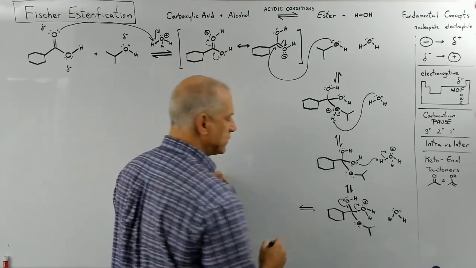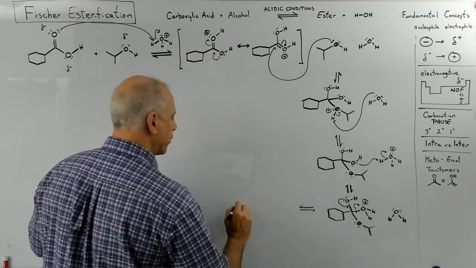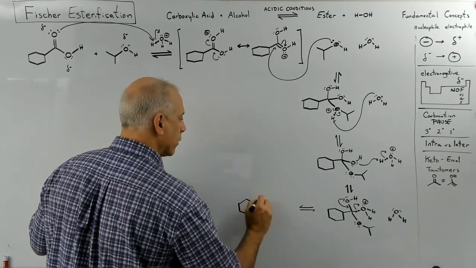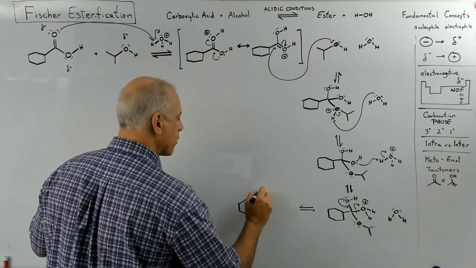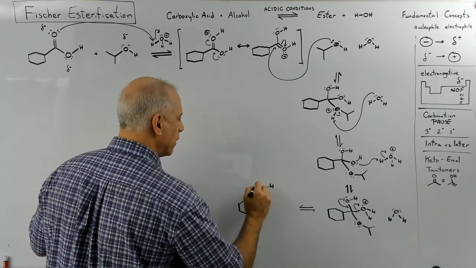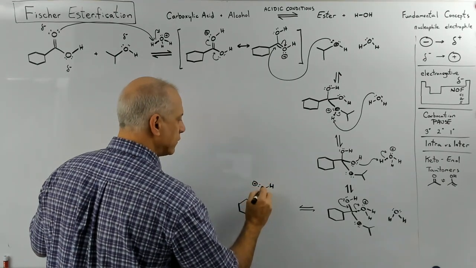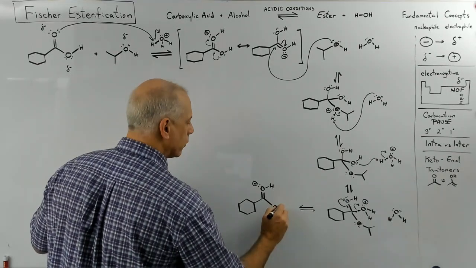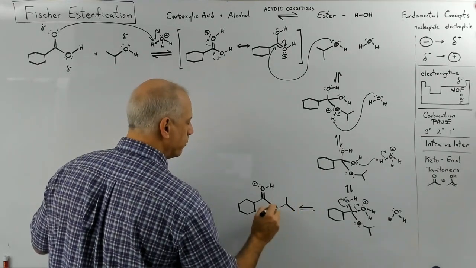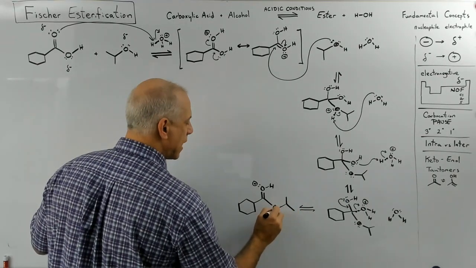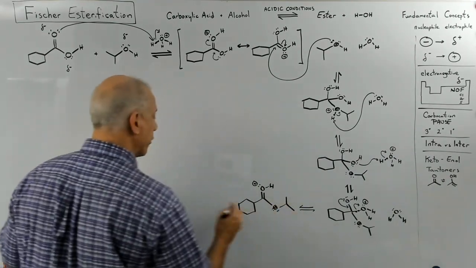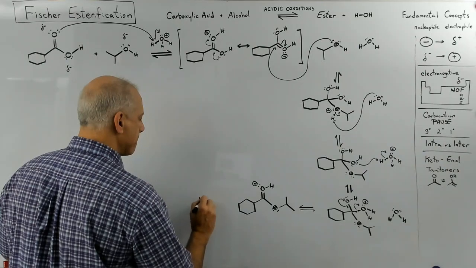Again, all of this is equilibrium. And so now we're going to have this product right here. We have formed the carbon-oxygen double bond. This oxygen is now positively charged, and so now we have an ester. This is the tagged oxygen that was originally from the alcohol, and a water molecule comes out.